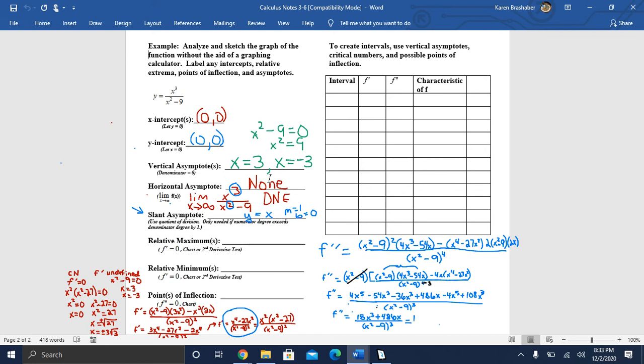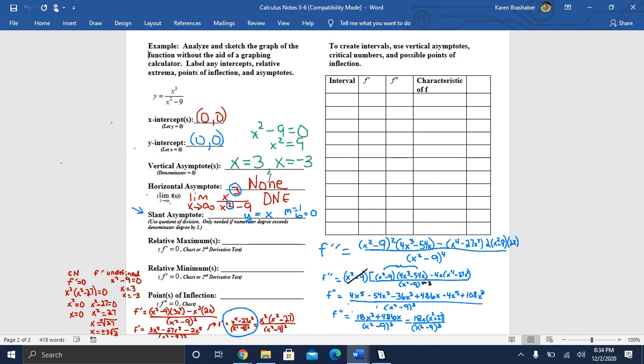In fact, 18x factors out, and then in parentheses, you would have x squared plus 27. And then your denominator, x squared minus 9 to the third power.